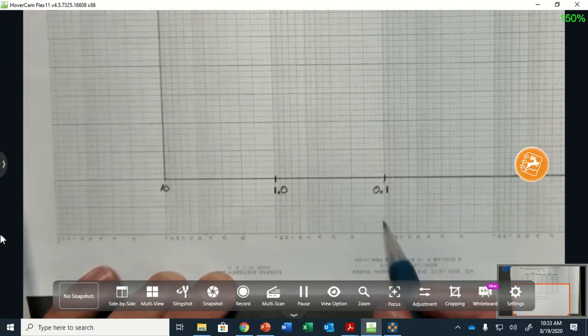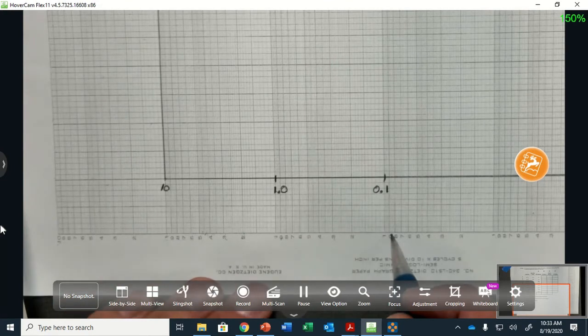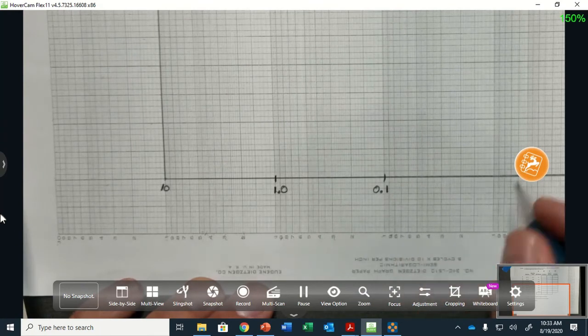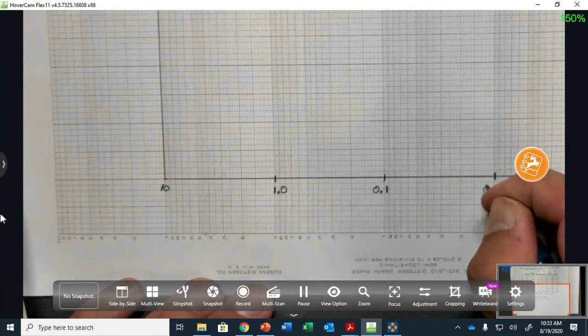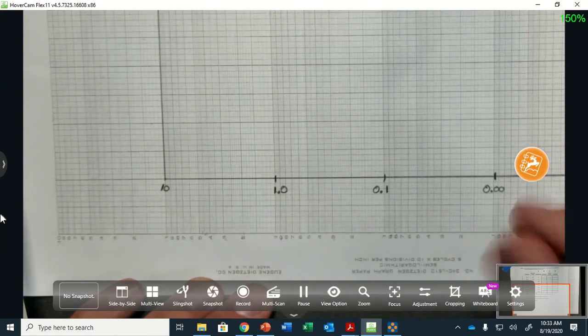And then going again, this is 0.09, 0.08. So basically I go to the next 10.